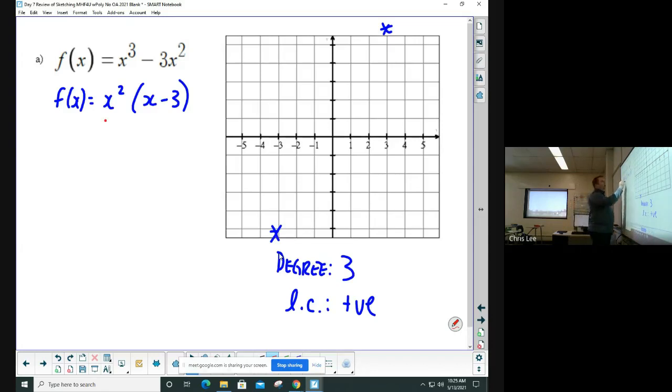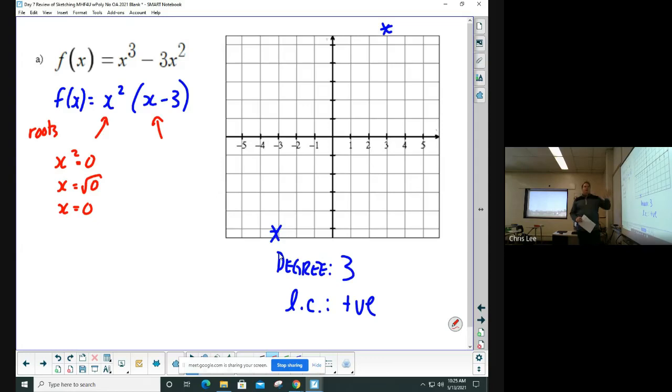So I know that one of the roots comes from here, and the other root comes from there. Remember, roots come from setting them equal to 0. So this part here, x squared equals 0, that's not very exciting. The square root of 0. We know that one of those roots is 0.